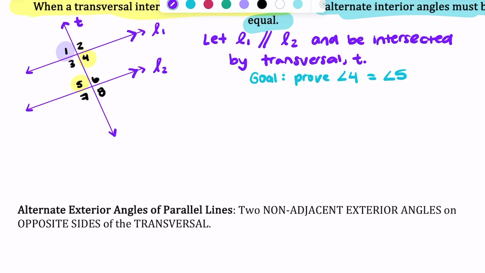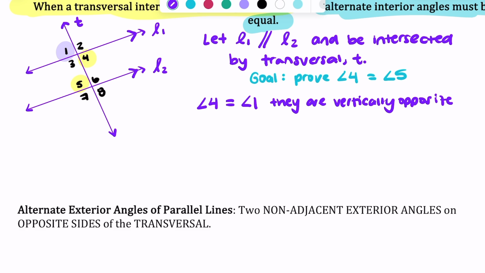So my first one is angle 4. I know it is equal to angle 1. Why? Because they are vertically opposite. So I'm stating the math statement that I know to be true, and then I'm stating why I know that, because I can't just willy-nilly say these angles are equal without justifying it.